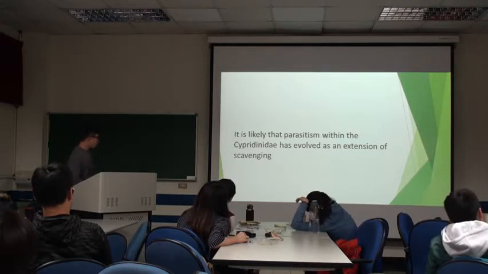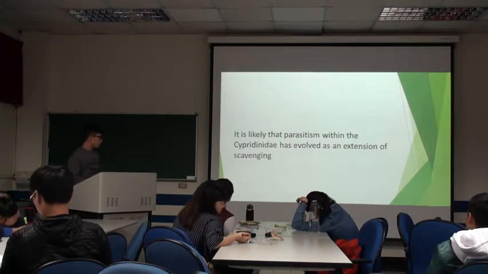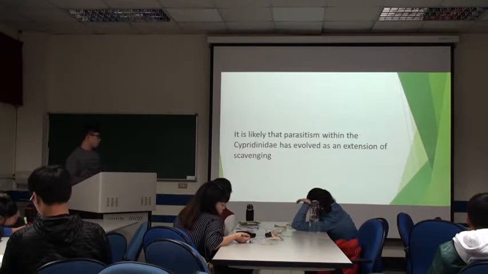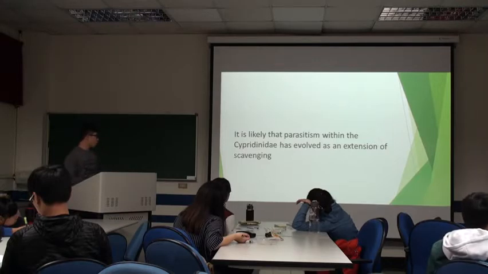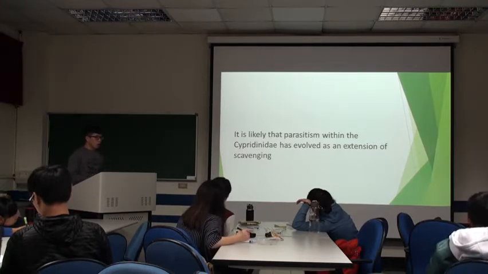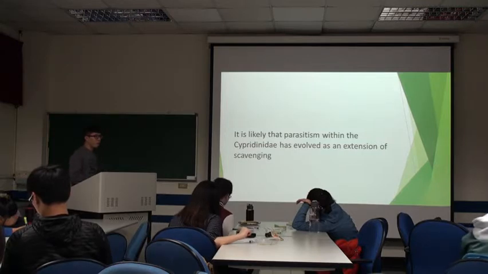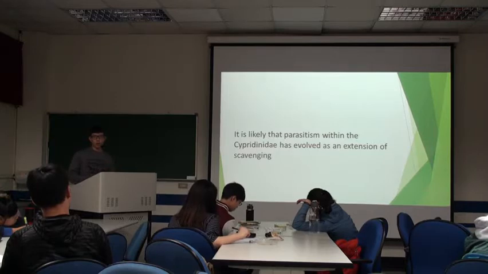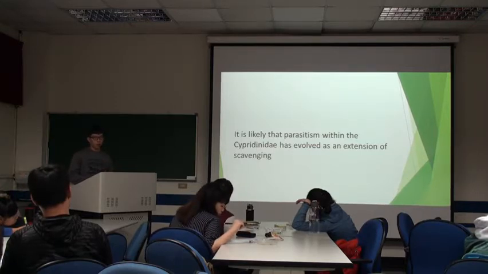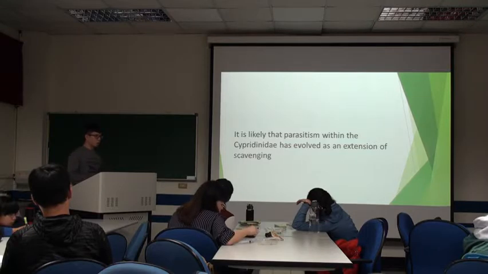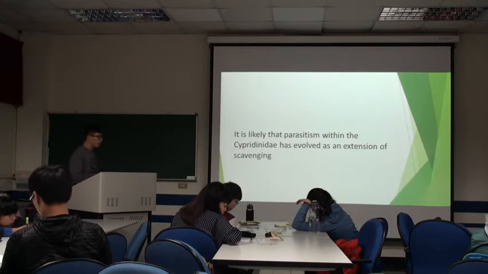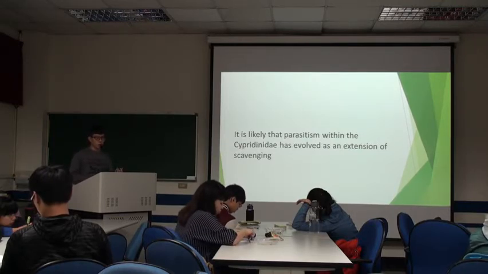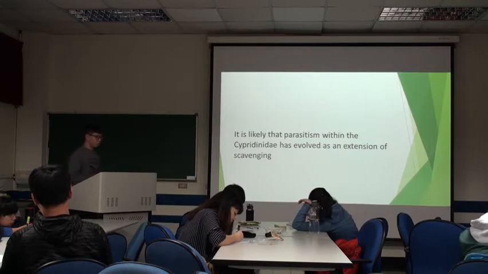In conclusion, it is likely that parasitism within the Cypridinidae has evolved as an extension of scavenging. Although some of the functional morphology in the maxillular or mandibular claw of Sheina orri might be suited to parasitism, Sheina orri and Cypridinidae aren't the only ones suited to parasitism.